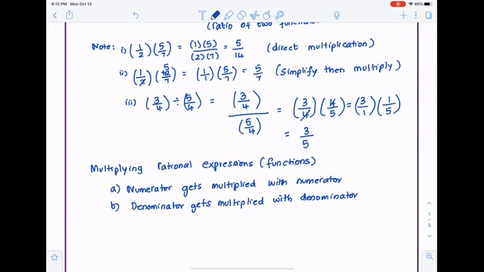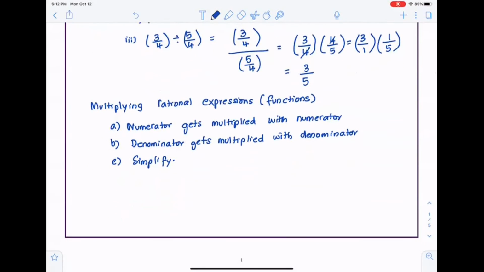And always try to simplify. So simplify first prior to proceeding. There are multiple ways to simplify, and I'll show you examples as we go along. So simplification is going to make your life easier. So simplify, and then you can try to multiply and get the answer.